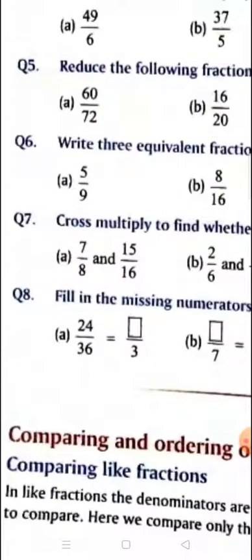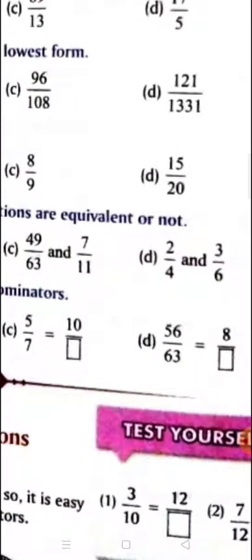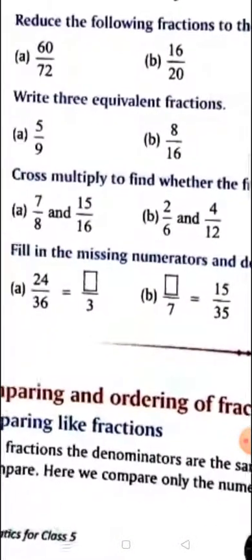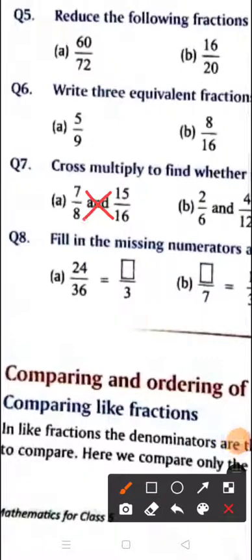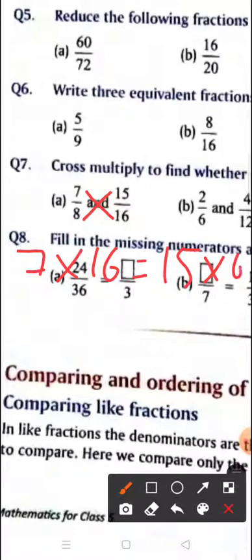Question number 7. Cross multiply to find whether the fractions are equivalent or not. You have to do the cross multiplication. I already told you. Cross multiply means this: 7 into 16 and 15 into 8. 16 7s are 112 and 15 8s are 120.